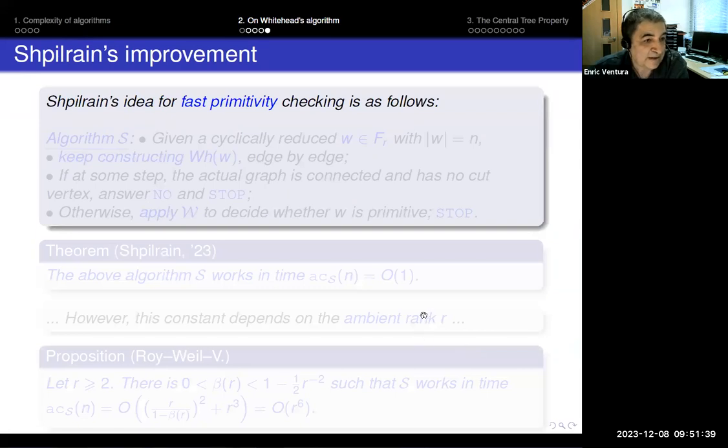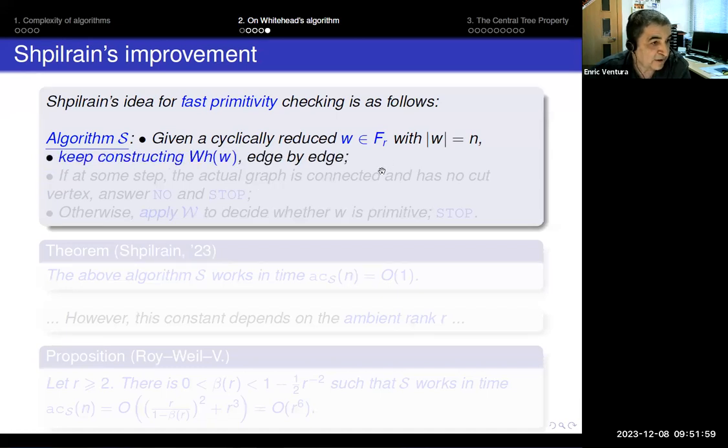Okay. Next improvement on this Whitehead algorithm. It was Spielrein's idea to check this primitivity in a fast way from the point of view of the average case complexity. Given a word, keep constructing the Whitehead graph, but don't wait until the end of processing the full word.